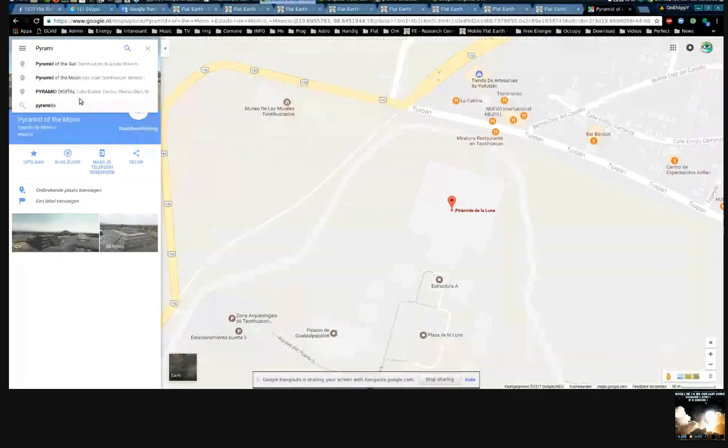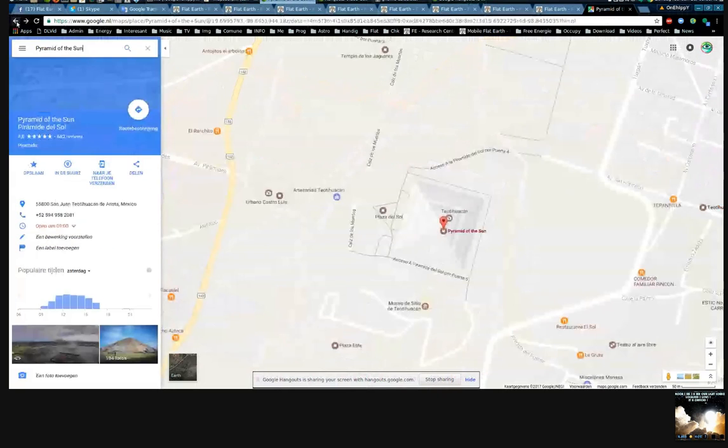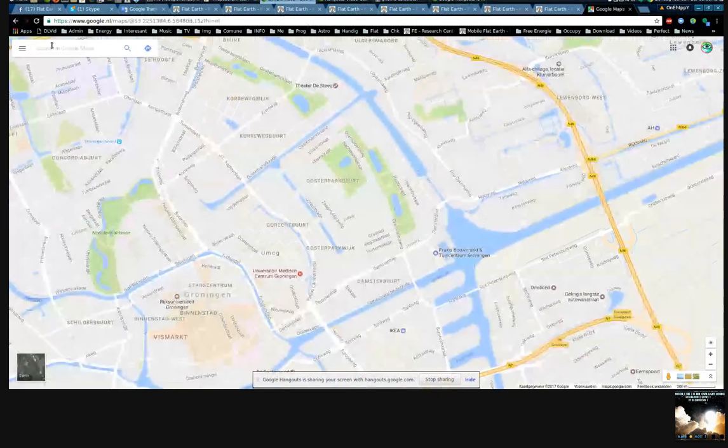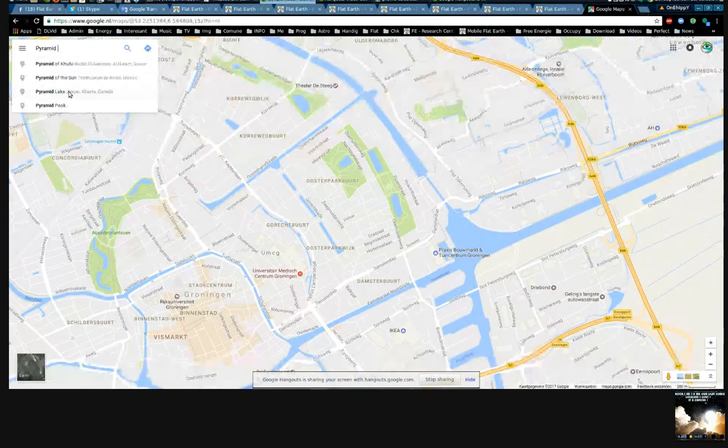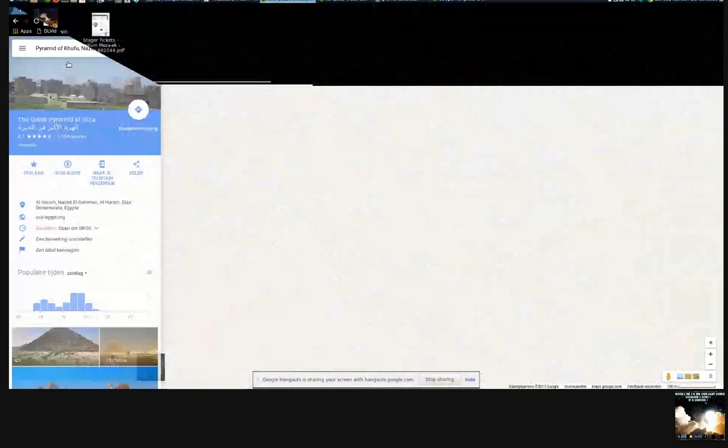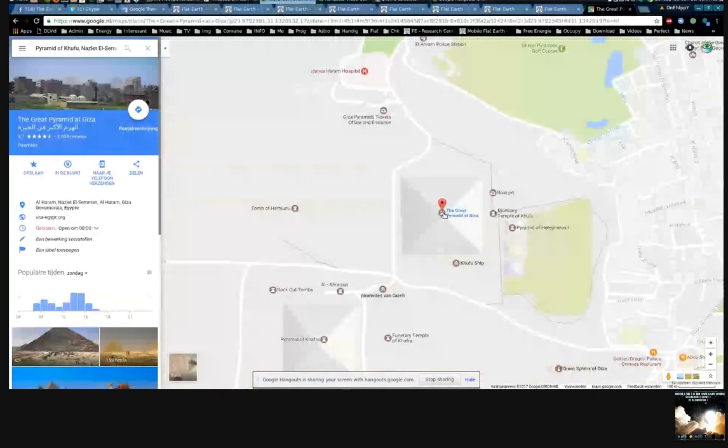Pyramid. Canada. Pyramid Peak. Khufu. The pyramid at Giza.